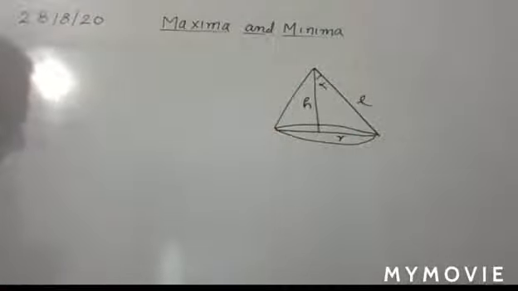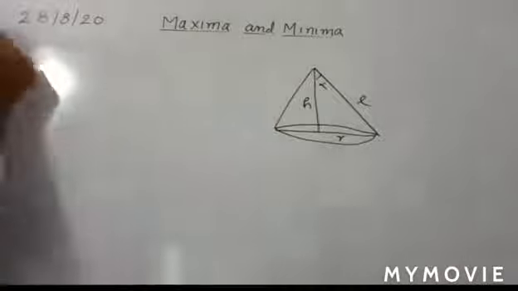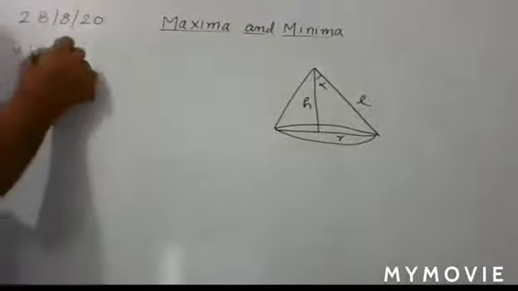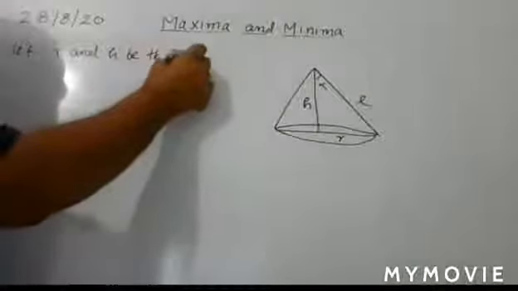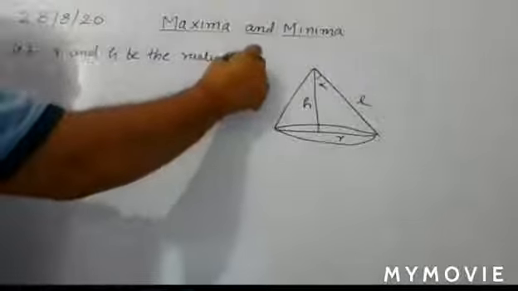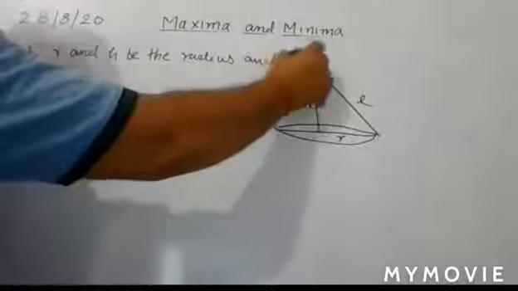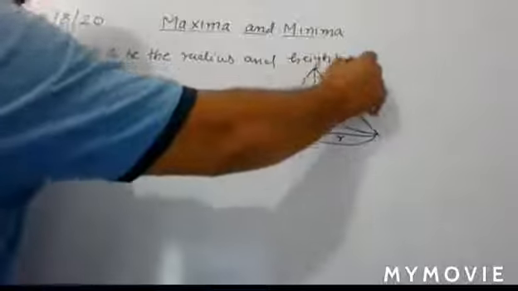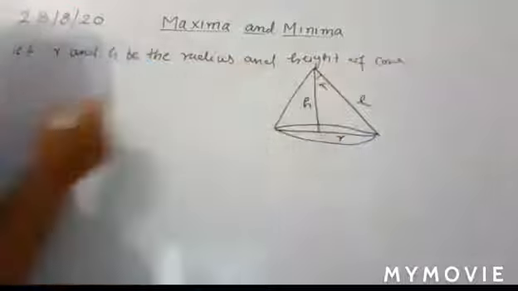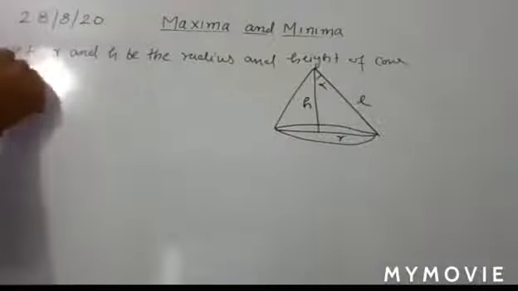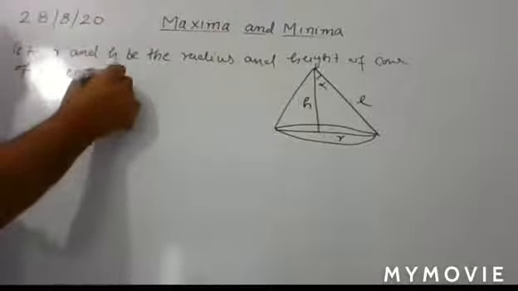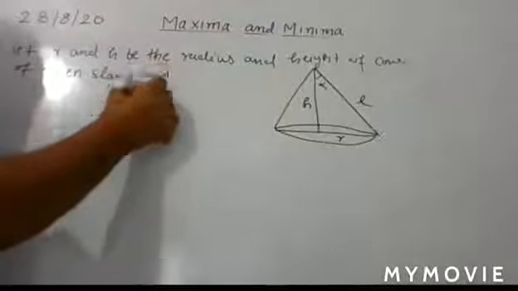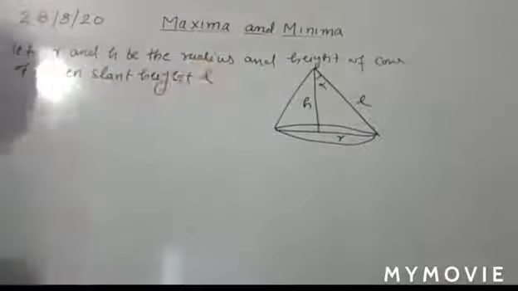So first you assume, let R and H be the radius and height of cone of given slant height L.